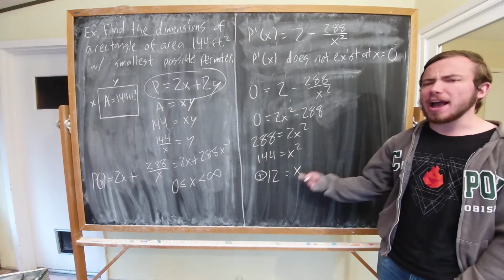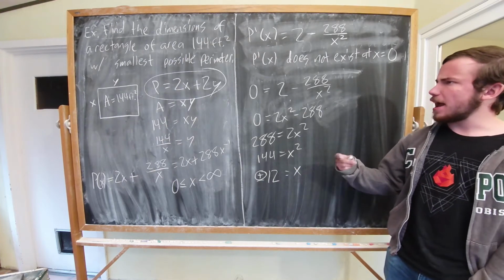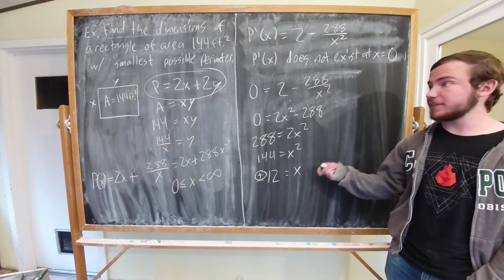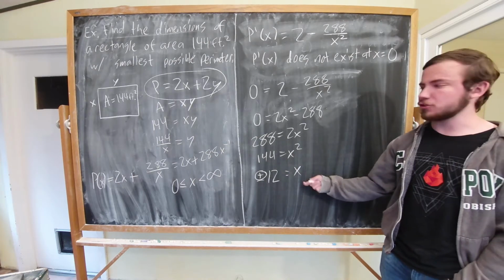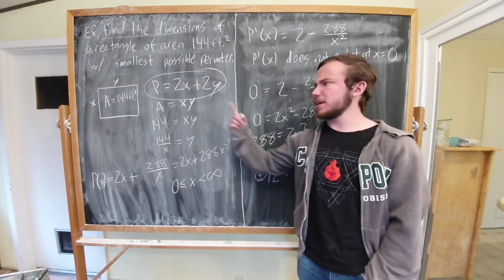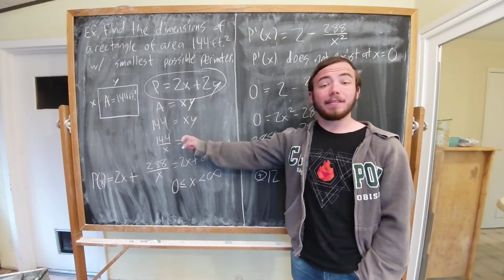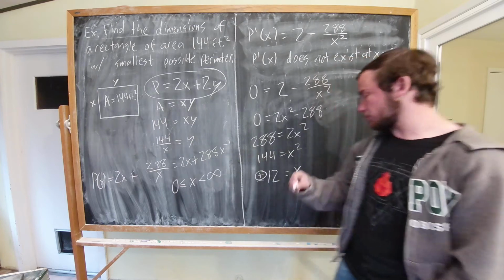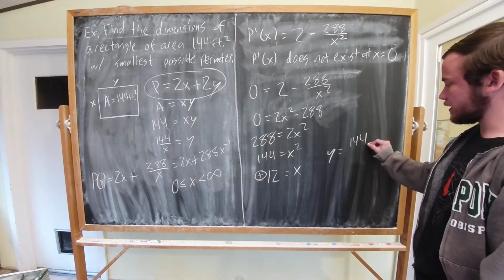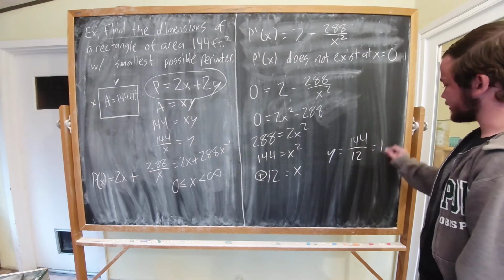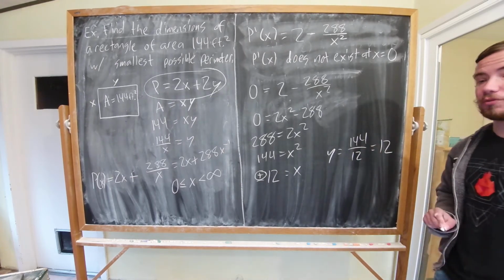Alright, so that's our x value. And it's the only thing that remains, right? This is the only possibility for our optimization. Now we need our other dimension, y. Thankfully, we have an equation relating x and y right here. So y is equal to 144 divided by 12, which is coincidentally, again, 12.